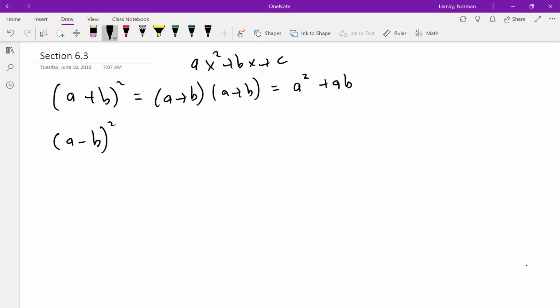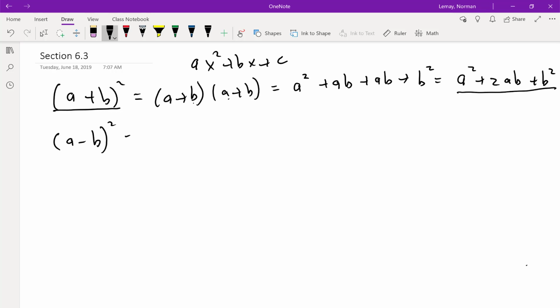When we do the inside terms, we get b times a, which is the same as ab. And when we do the last terms, it's b squared. Notice that this reduces down to a squared plus 2ab plus b squared. So when we're given this, what we're going to do at the end of the day is rewrite it like this. That's what we're heading for.